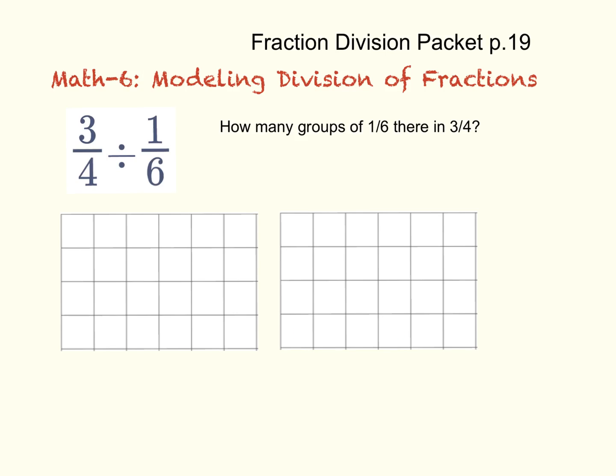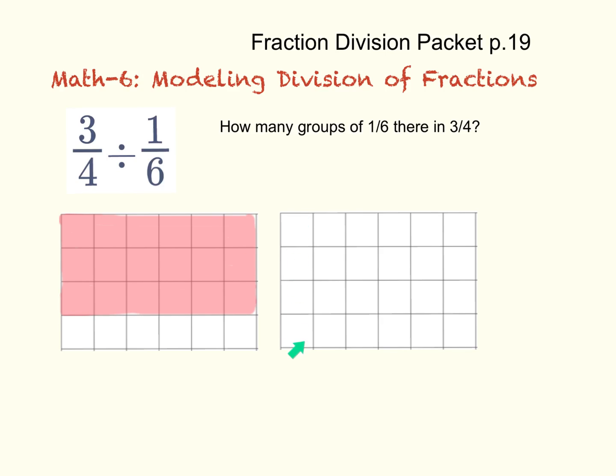So first I will show you 3/4. Okay, so I'm going to highlight 3 rows here. Okay, so this is 3/4. You see that this part is 1/4, 2/4, and 3/4. Okay, and now I will highlight 1/6.